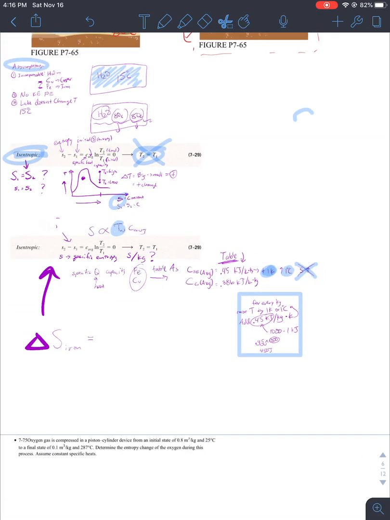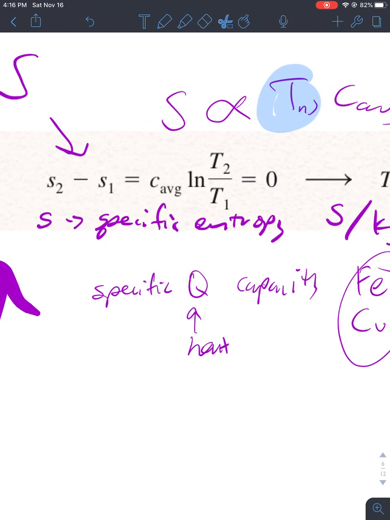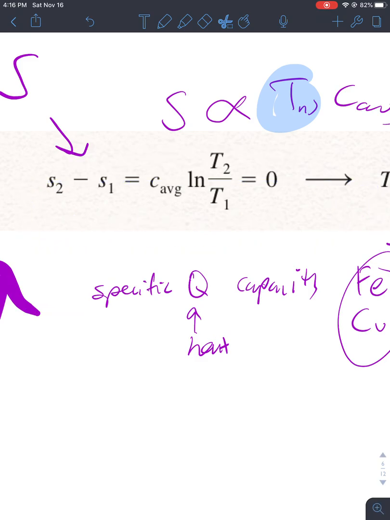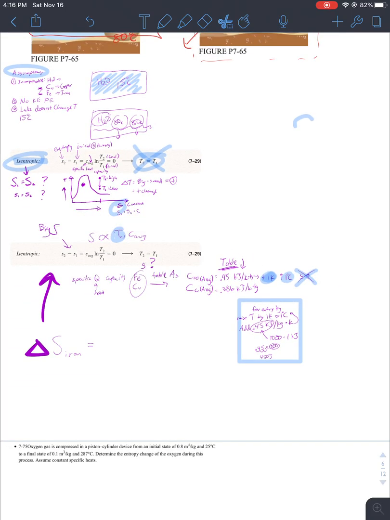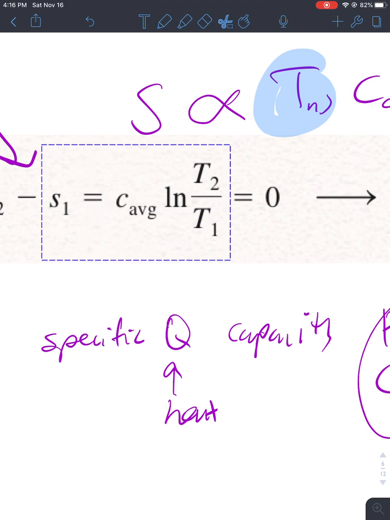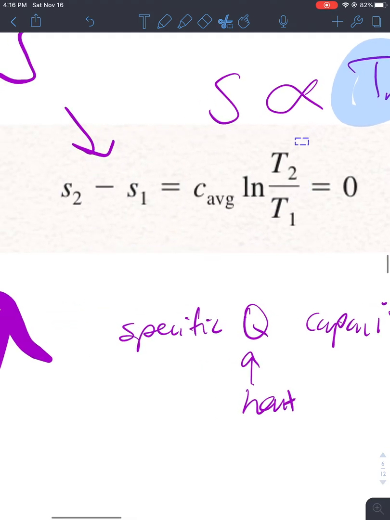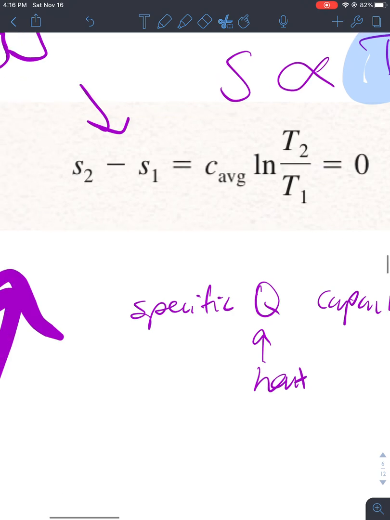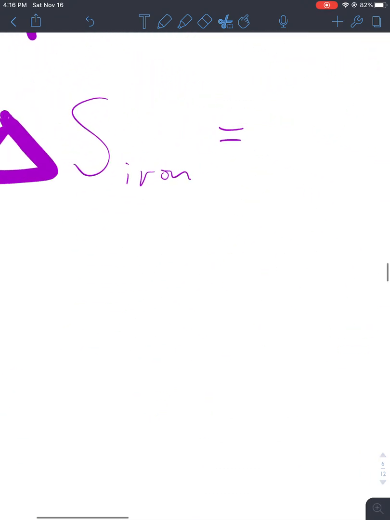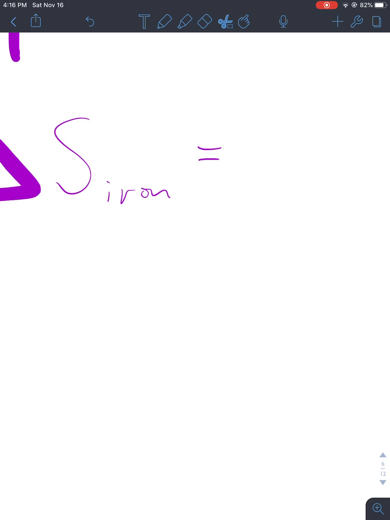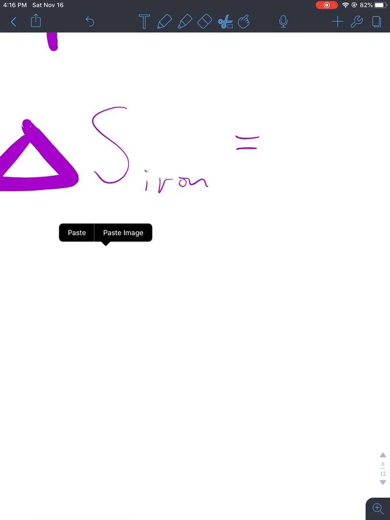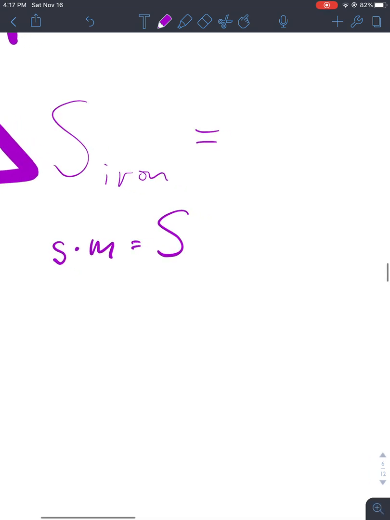So you use this equation, which is little s times mass equals big S. Shoot, did I get that backwards?